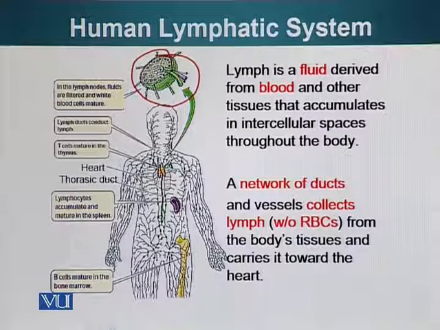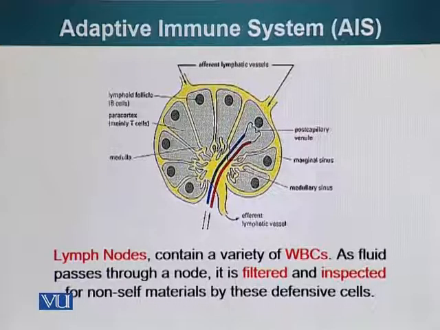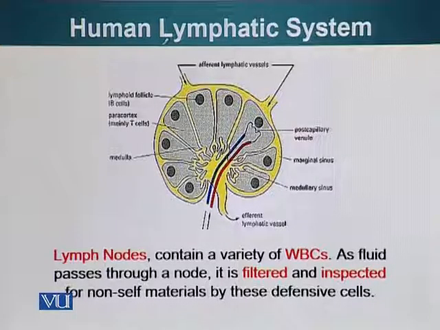So these lymph nodes, let's see a larger picture of them. Here's a lymph node. So the lymph fluid comes into the lymph node. The lymphatic fluid comes in, and here it gets filtered. There are specialized areas of the lymph node where specific cells live.